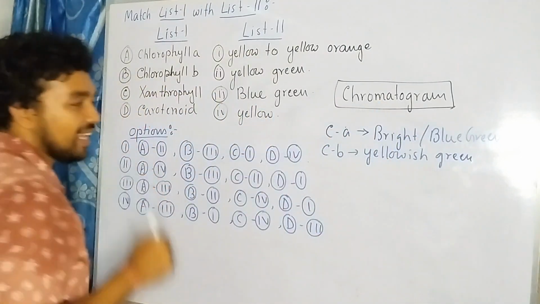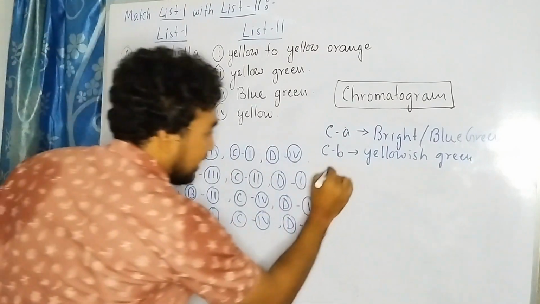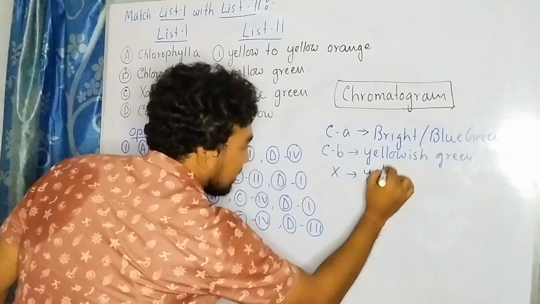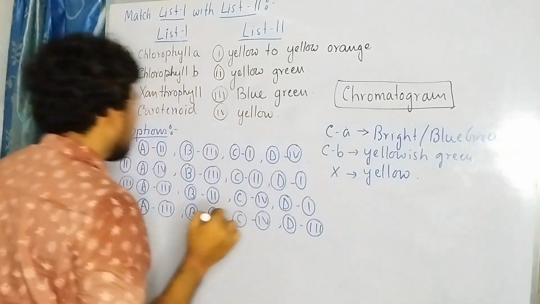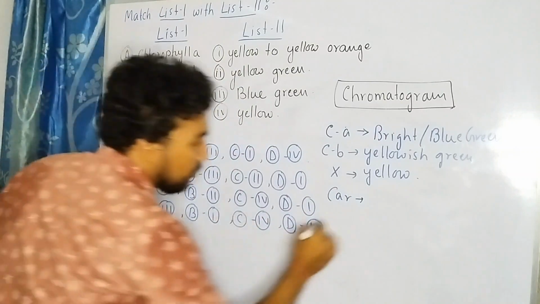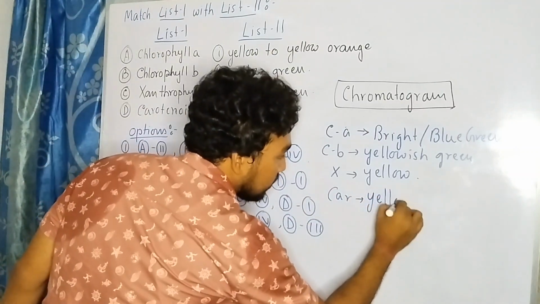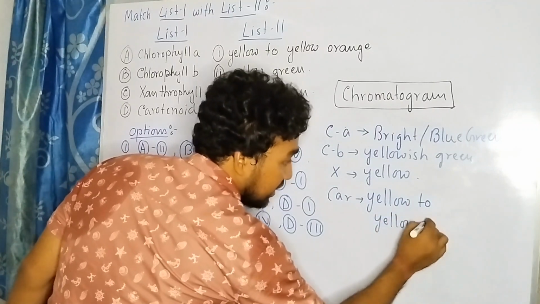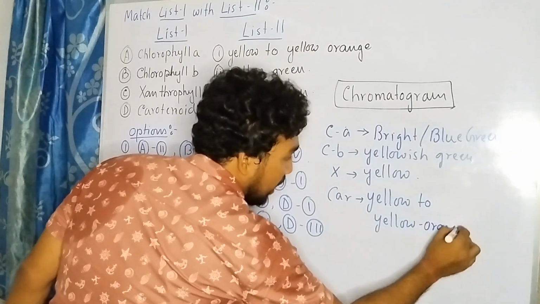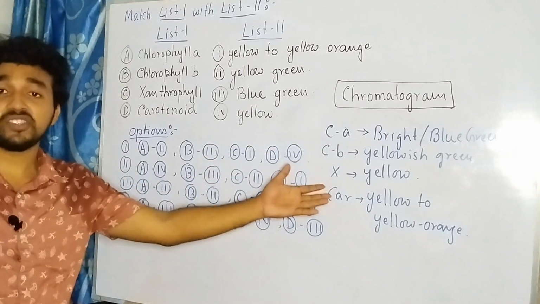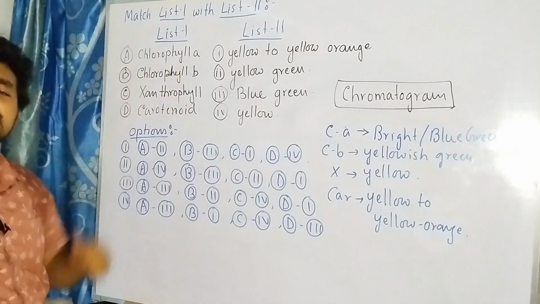These are theoretical knowledge. Xanthophyll, it is very easy. Xanthophyll will give yellow color in chromatogram, and the last one, carotenoid, will give yellow to yellow orange color in chromatogram. Now you have to know these 4 concepts to answer the question.